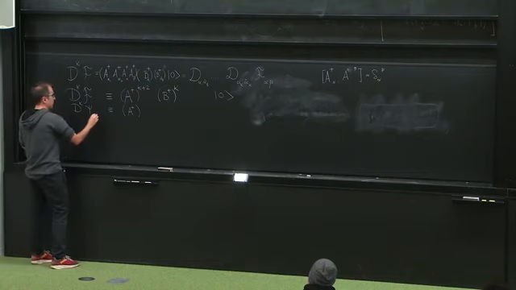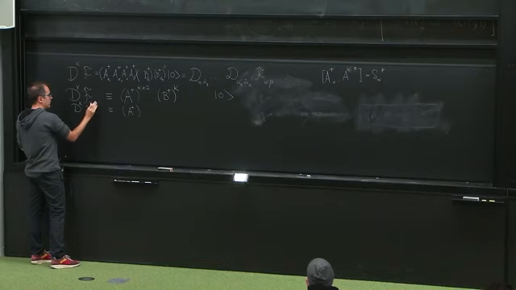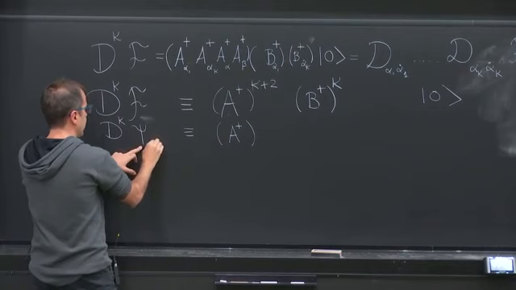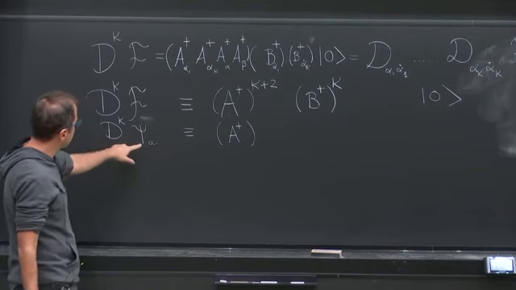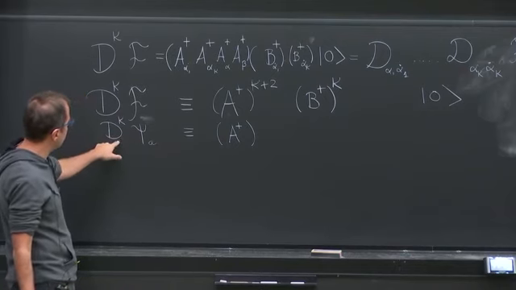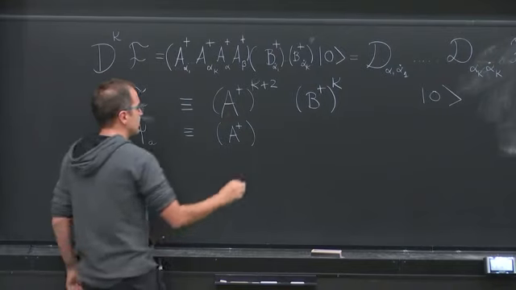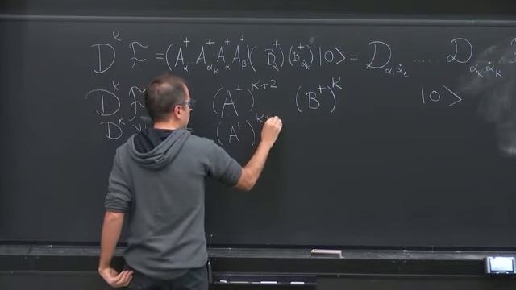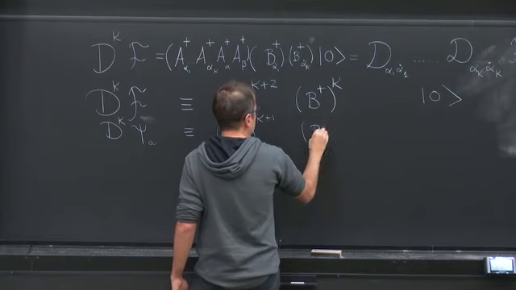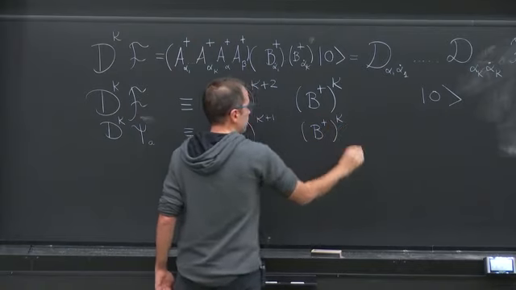The Lorentz indices are omitted, like I'm omitting the indices of the derivatives, but let me put the index A here explicitly. So there is k plus 1 here, b dagger, okay?